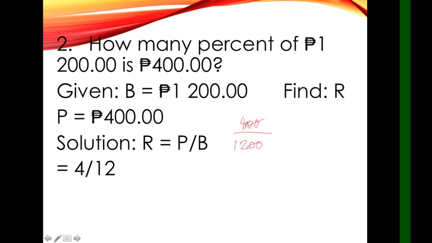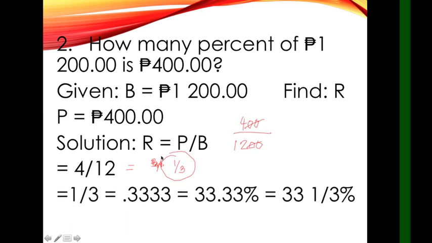Cancel the two zeros, we have 4 over 12. Or this can be in the simplest form, which is 1 over 3. So we have 1/3 as our simplest form.